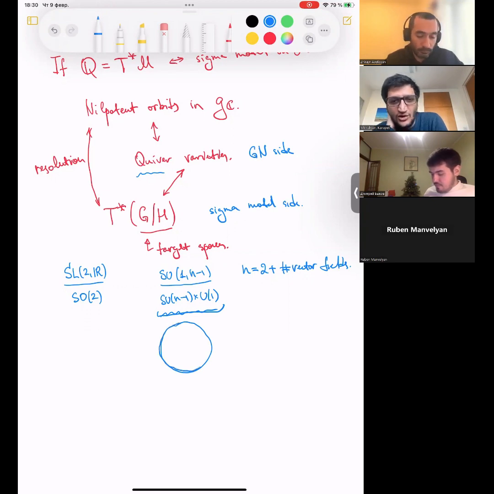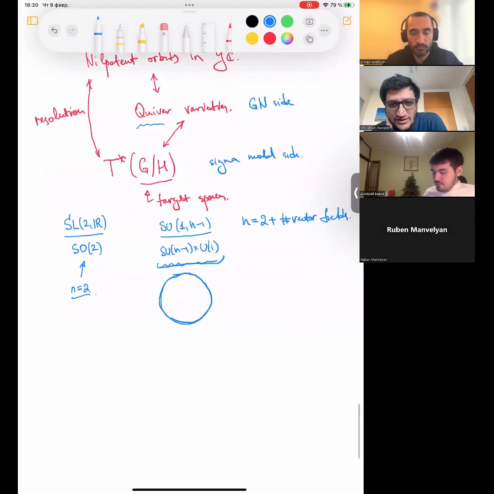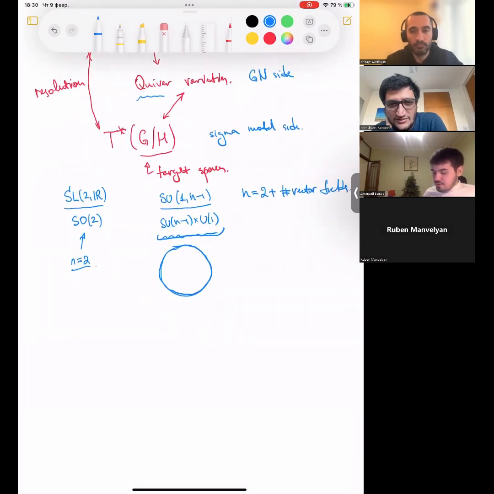So the lower examples are not so helpful? Well, the lower example is this, when n equals 2. And if it's just one vector field, n equals 3, then you have SU(1,2) divided by U(2). So this is a two complex dimensional space.